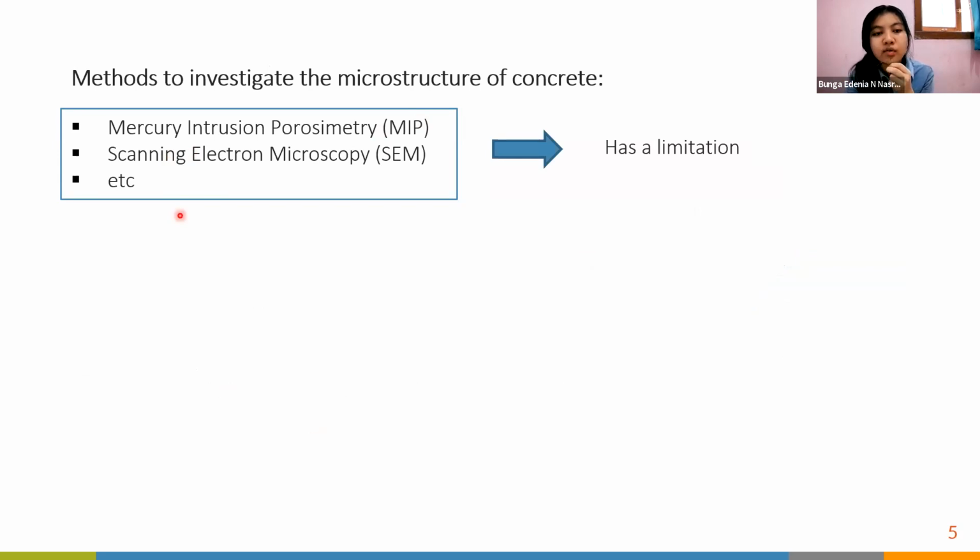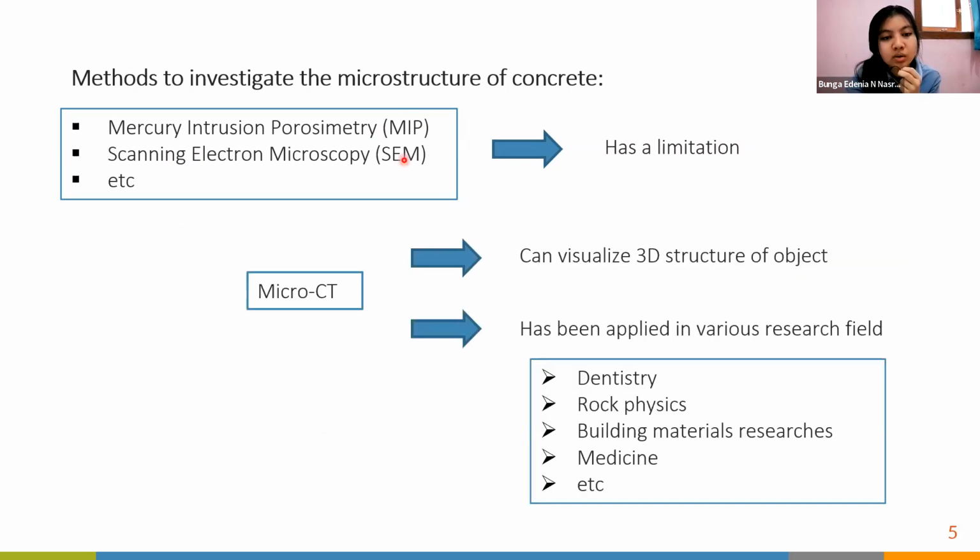For example, MIP can only provide information about open pore structure, and SEM only provides information on the 2D surface images. So in this research topic, I will use microcomputer tomography because it has the ability to visualize the 3D structure of the pore structure in the concrete sample.